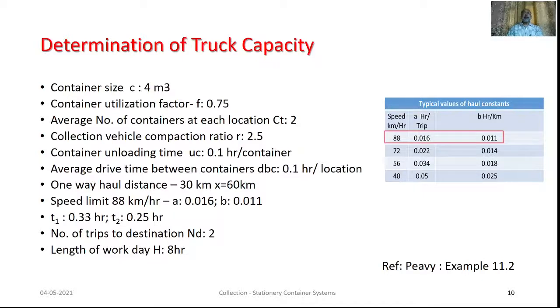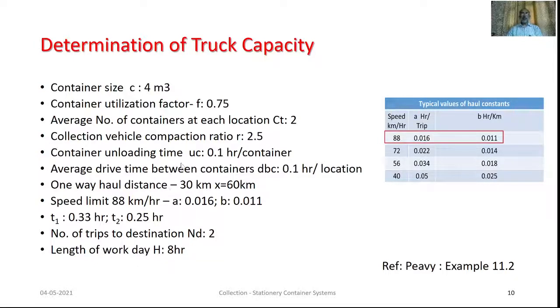We can also determine the truck capacity. The data associated with the various activities are given here. We also have to use these A and B factors for the given speed limit.